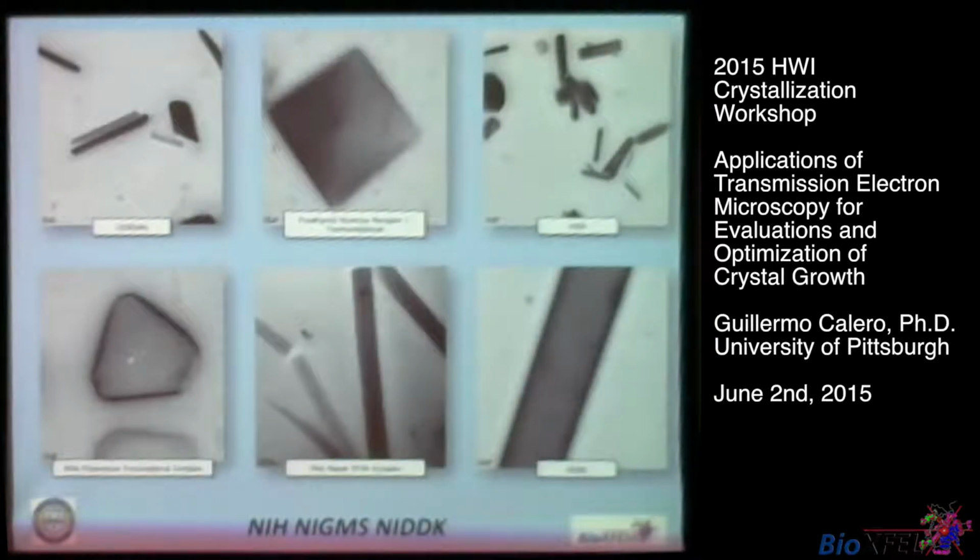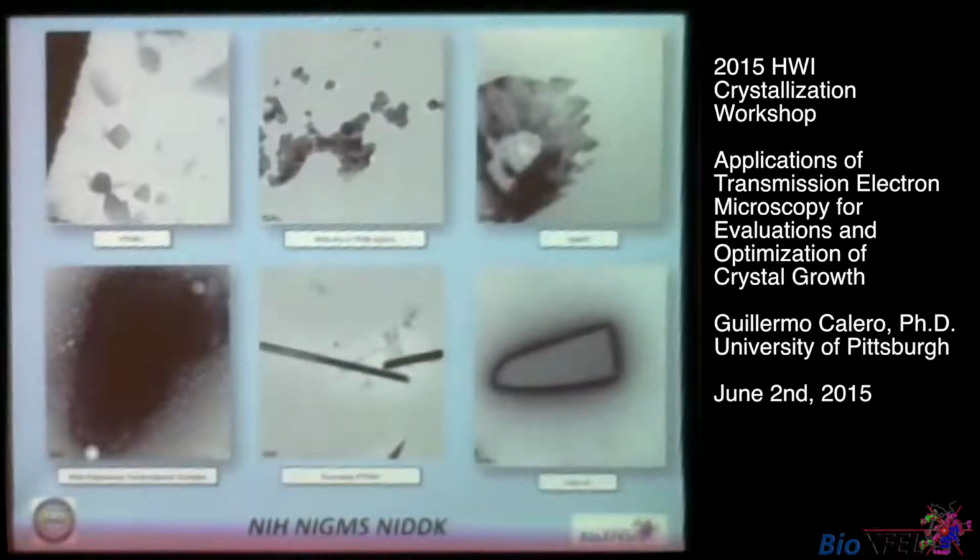These are extremely small, because this is 200 nanometers, so it's probably 50 nanometers. In some cases, we were lucky enough to see crystals like this or like this, but in most cases, we didn't. We knew for sure that these were crystals, but we didn't know if they were protein or salt.